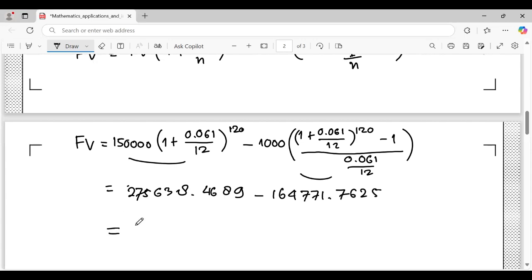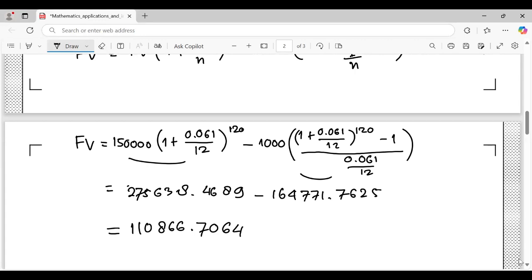And if you calculate this, the result is 110,866.7047064.